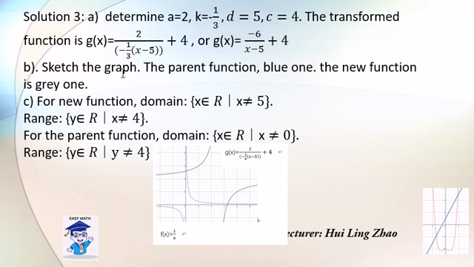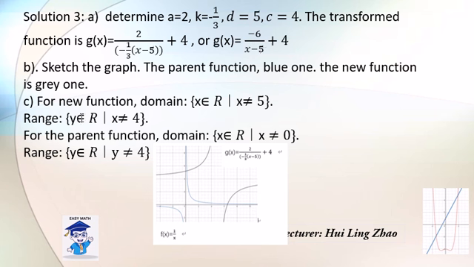And B, sketch the graph. The parent function is the blue one, and the new function is the gray one, this one and this one, the two branches. For the new function, the domain is x belongs to R, the real numbers, and x not equal to 5, because here is the denominator, it cannot be 0, so that means x cannot be 5.